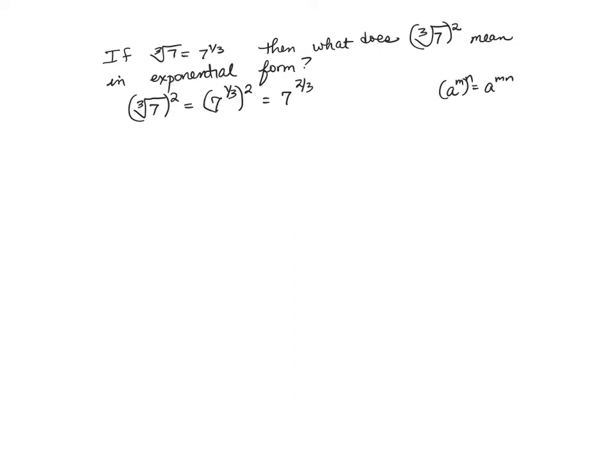But since multiplication is commutative, we could do this: 7 to the 1/3 squared would be the same as 7 squared to the 1/3, which also gives us 7 to the 2/3. So this can be written in another way.